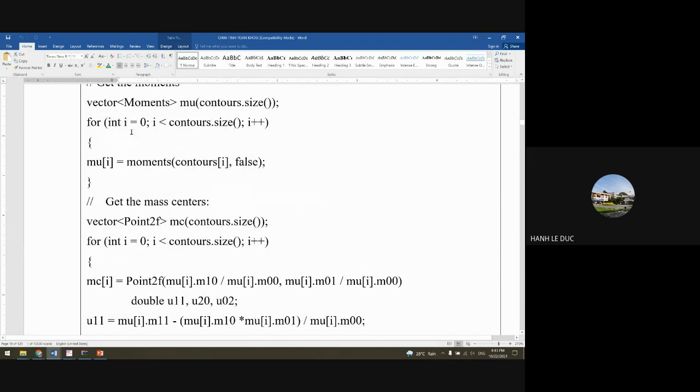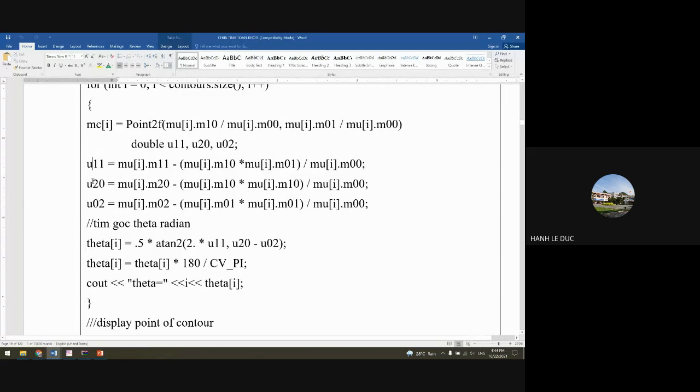And then you apply the moments function here to calculate the moments of the image. This one is the function cv moments. After this step, you will have all the parameters here. You just point, and then you get the parameter out. And from here, you calculate mu 11, mu 20, and mu 02 here.